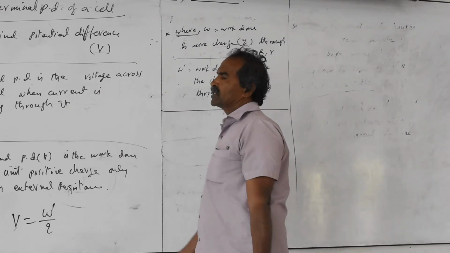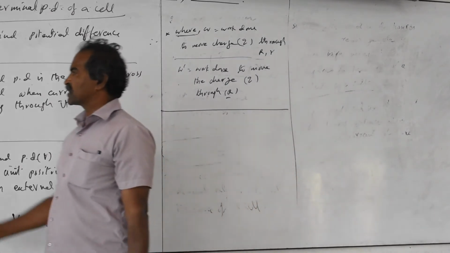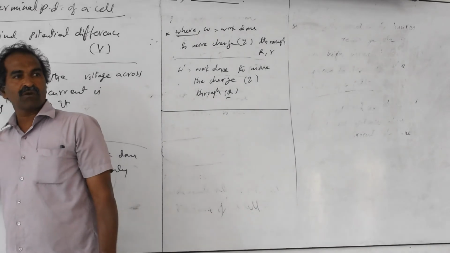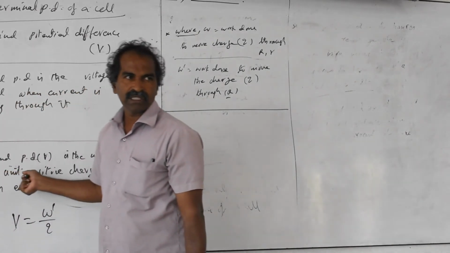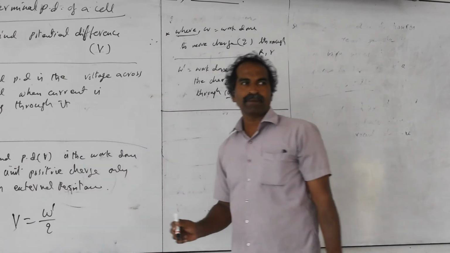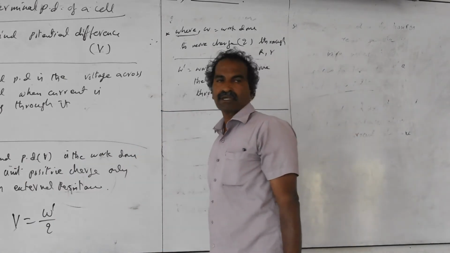Both are scalars, this is also a potential and that is also a potential. Units are volt, and it is also volt. The dimensional formula is also the same for electromotive force and terminal PD. That does not come as a difference. I just give the relations of the extra force.